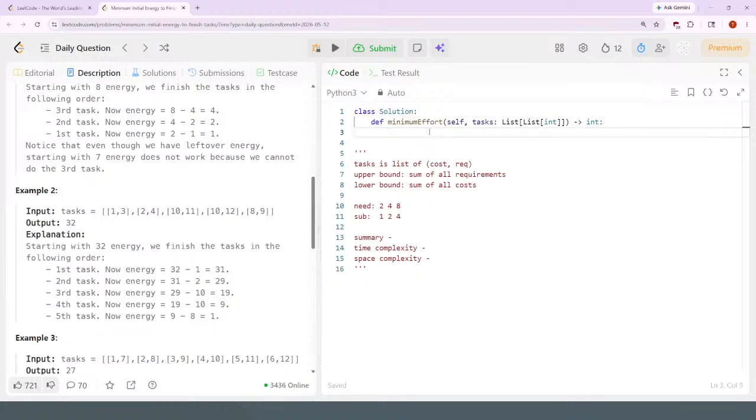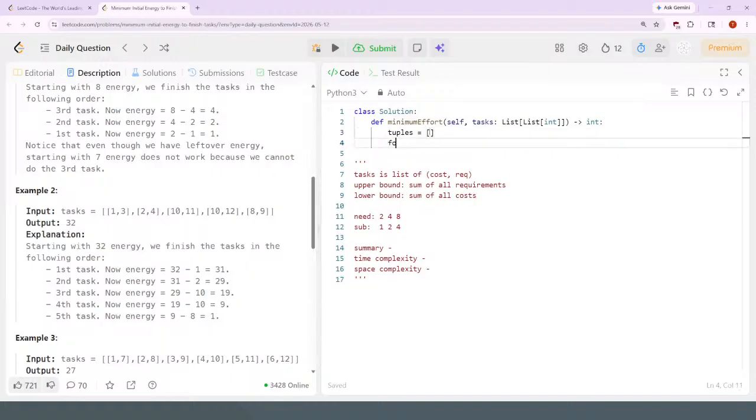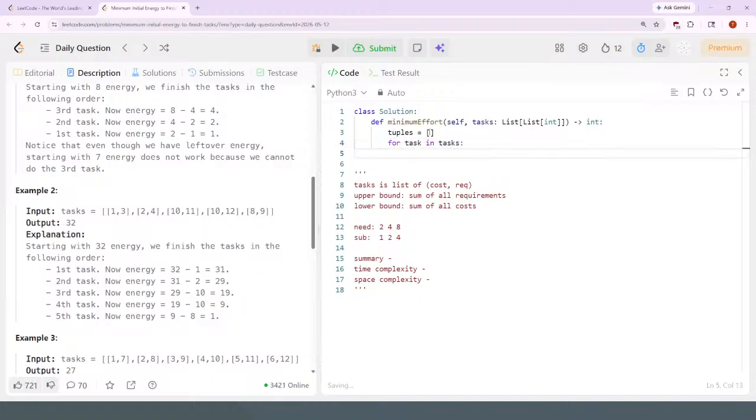Okay, I think I have an idea. So for every task in the task array, I'm going to form a special tuple.